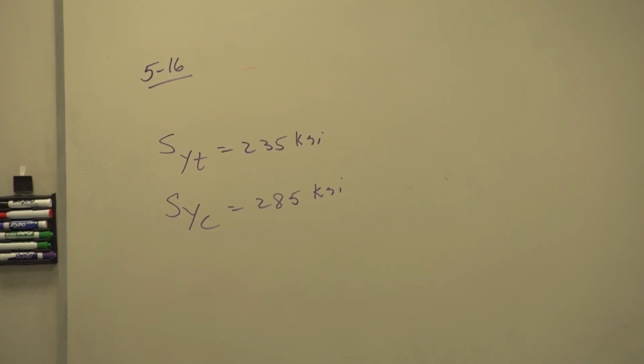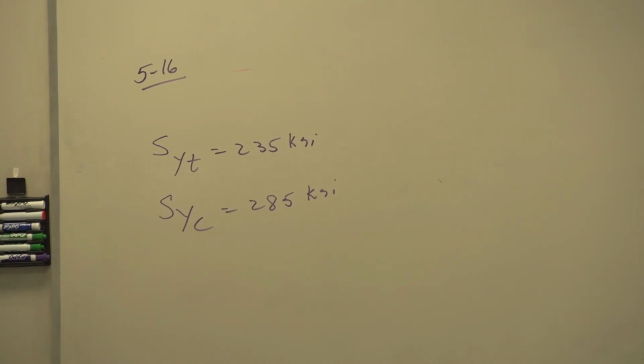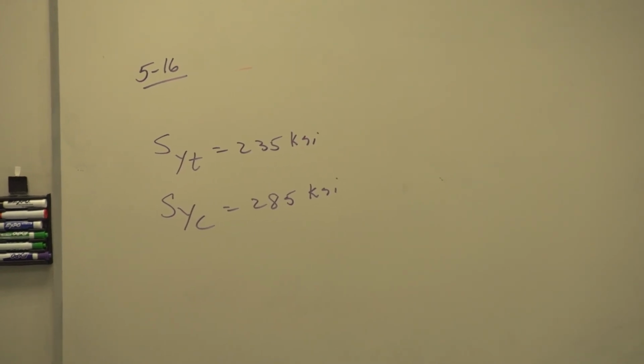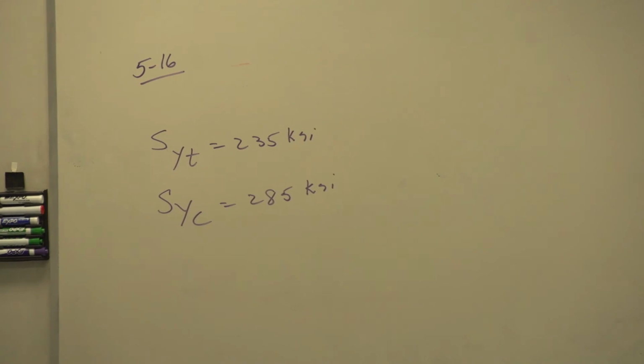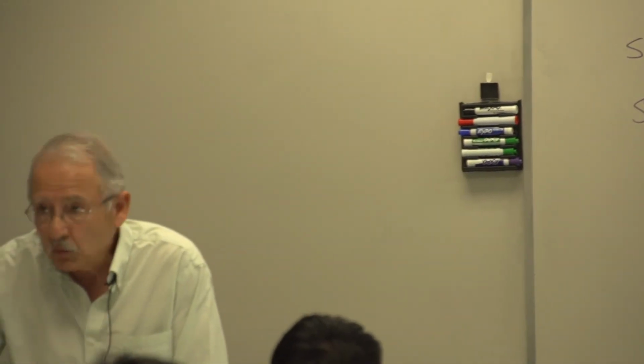And epsilon f equal to 0.07. Epsilon f is, by the way, the failure strain for the material. In other words, when it fails, actually breaks, what's the strain? That's what we call epsilon f, failure.